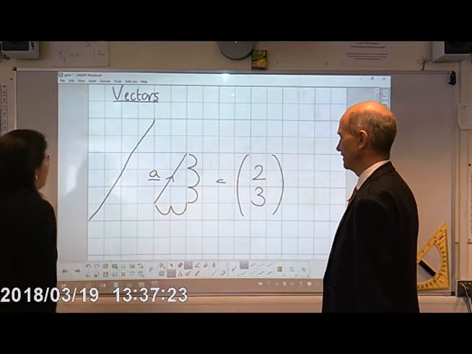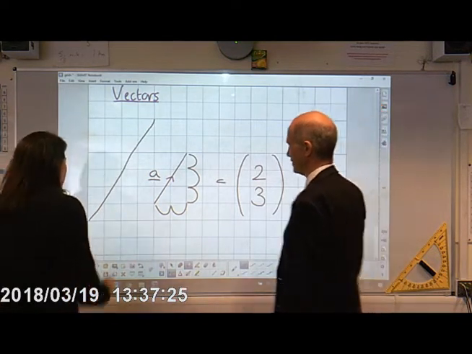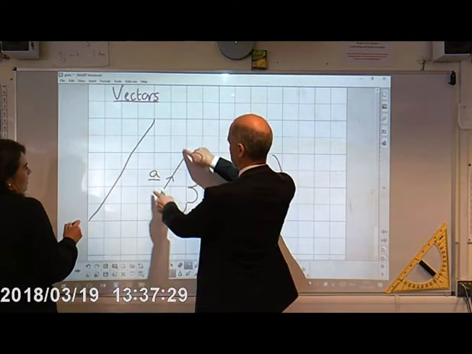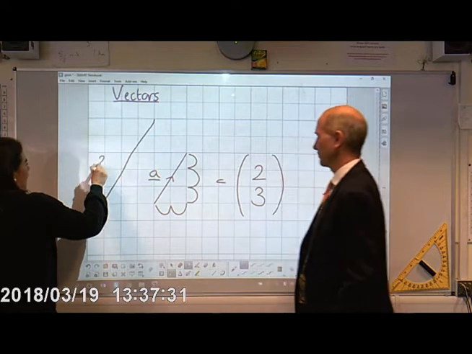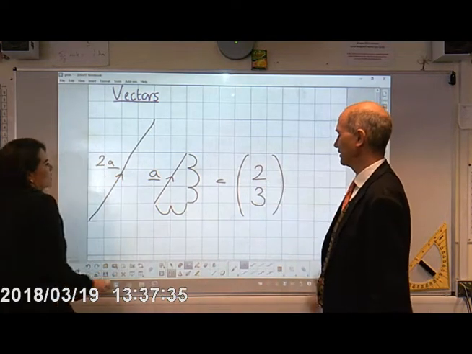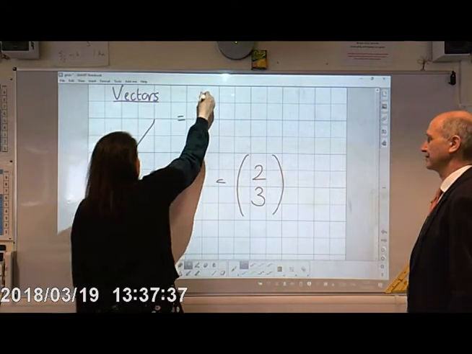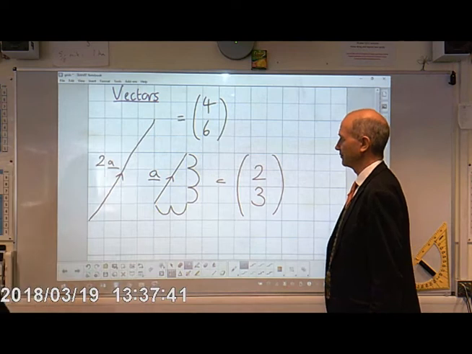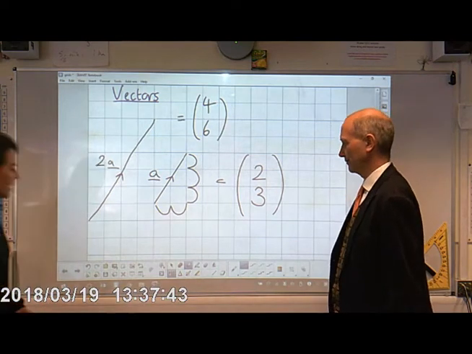It's not very straight, but it's a bit like picking this up and putting it there, and then picking this up and putting it on top. So this is actually the vector 2a, 2 times that, two lots, and therefore it would have the column vector (4, 6). This is just the basic understanding of vectors.